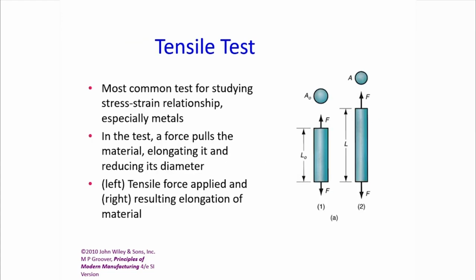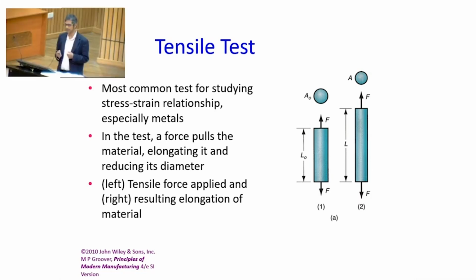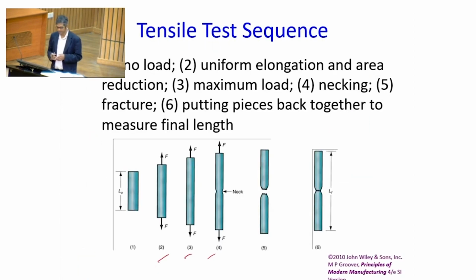In tensile test, we use a specific sample with a particular cross section and a length, and then pull it apart by force F and measure the elongation or the reduction of the area as well as the force per unit area, which is nothing but stress. So, how do you do that? You have a sample of specified length L0, you pull it apart using a force, the length increases, and initially the deformation will be uniform.